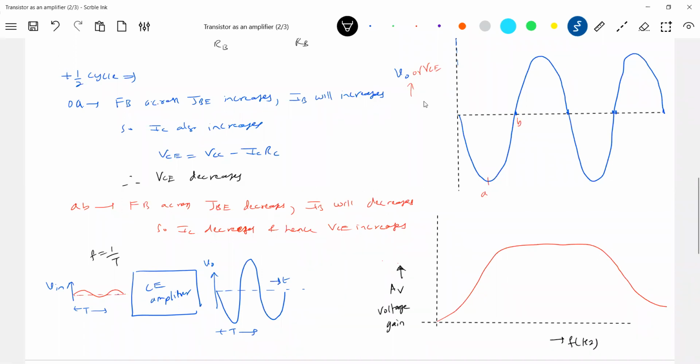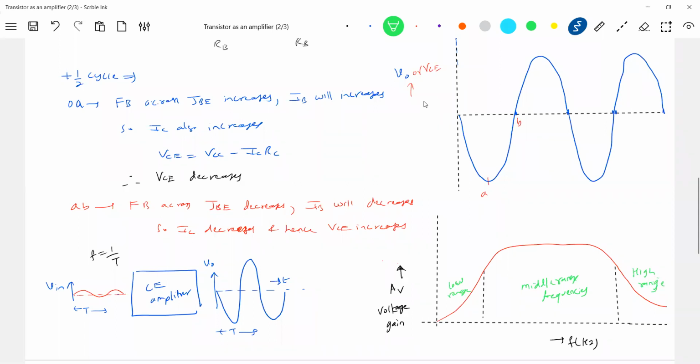These are the lower frequencies, these are the higher frequencies, and these are the middle range frequencies. For middle range frequencies, the gain is maximum. Now we have to give the reason for this also. And these are low range frequencies, and these are high range.